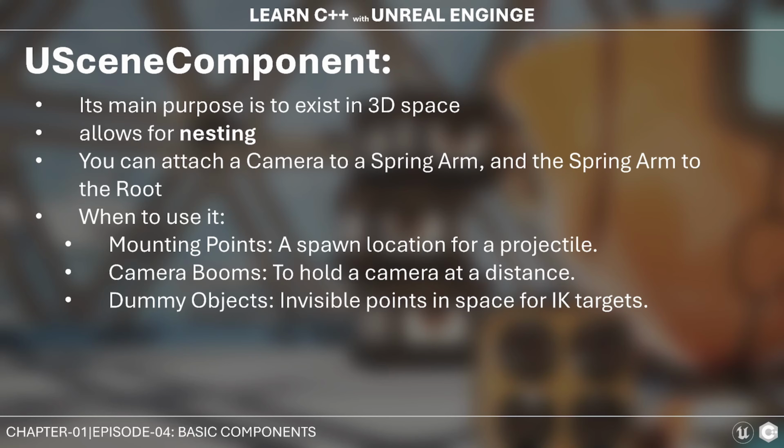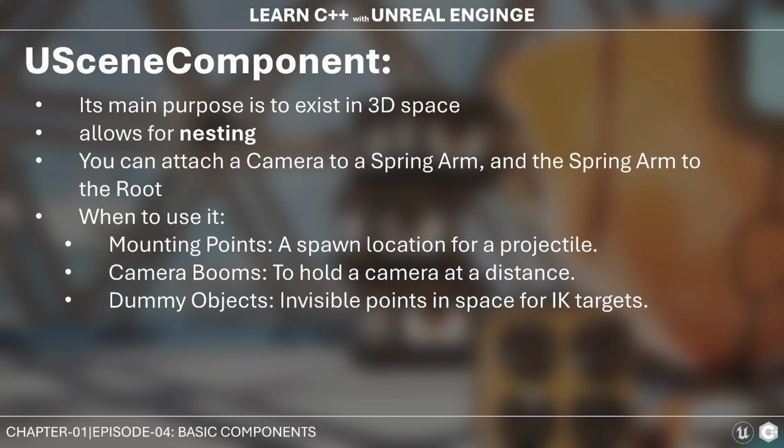On the other hand, a scene component has a position. You can think about it like the body or joints of that actor. Because this inherits from UActorComponent, it can still have logic, but its main purpose is to exist in 3D space. Crucially, a scene component allows for nesting. You can attach a camera to a spring arm and the spring arm to the root.